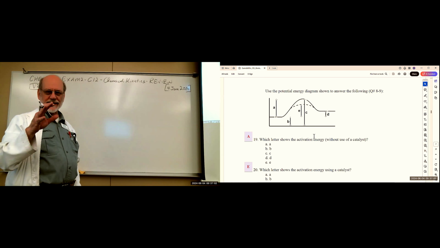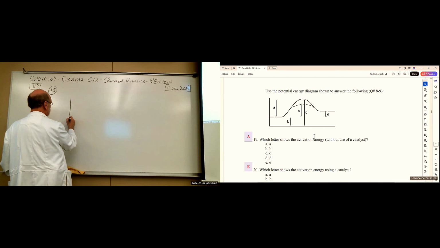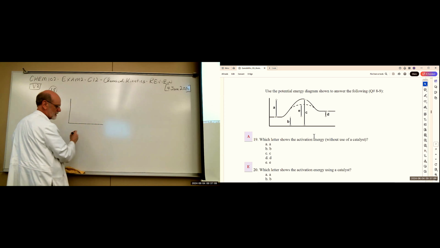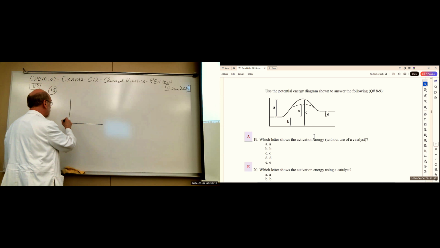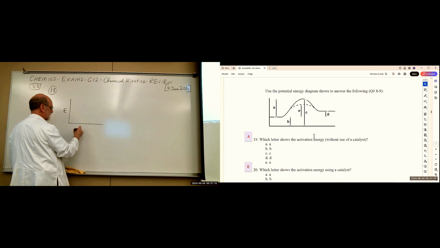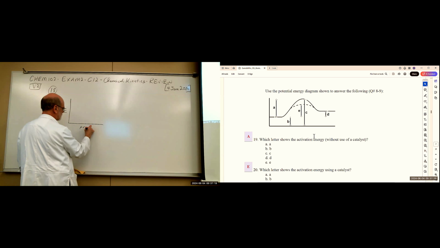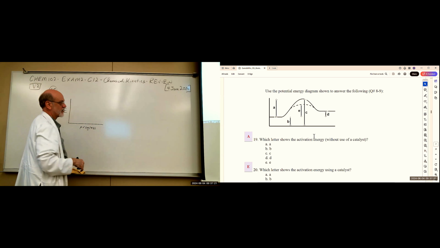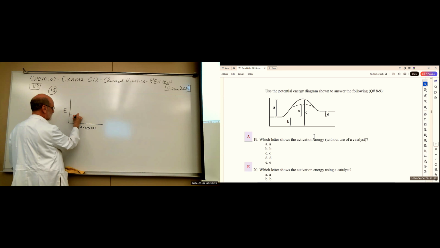So when we look at that diagram, the axes are not labeled, but we're told that it's a potential energy diagram. So we know that this is energy and this is progress of the reaction. All the reactants start at energy level here.